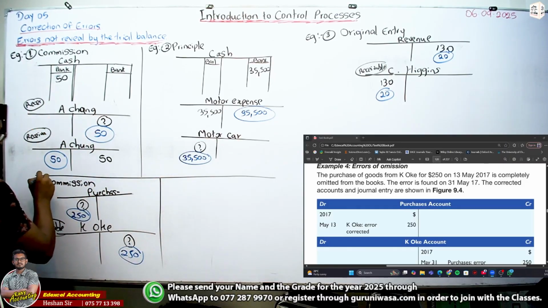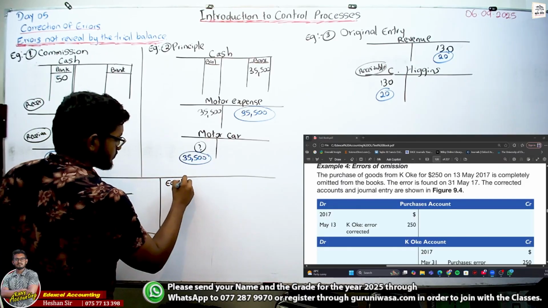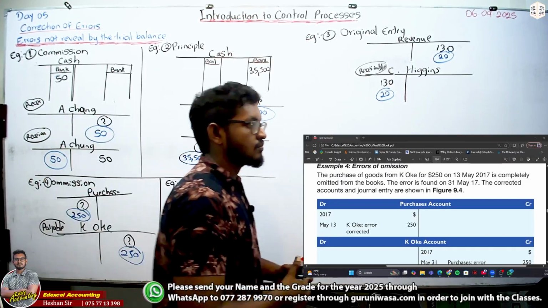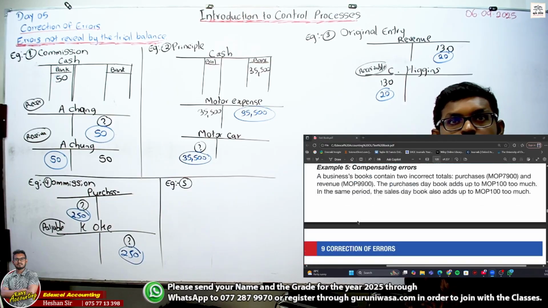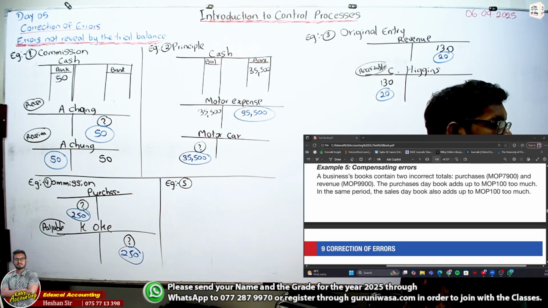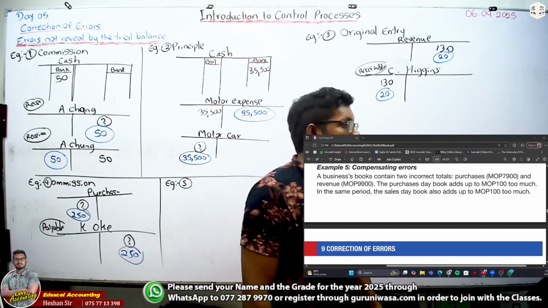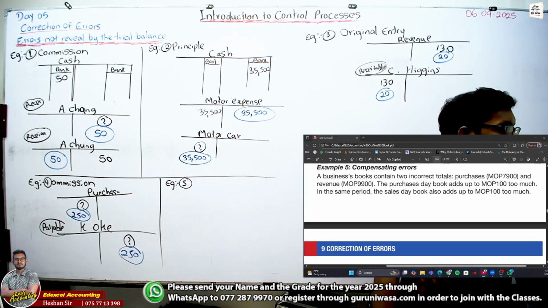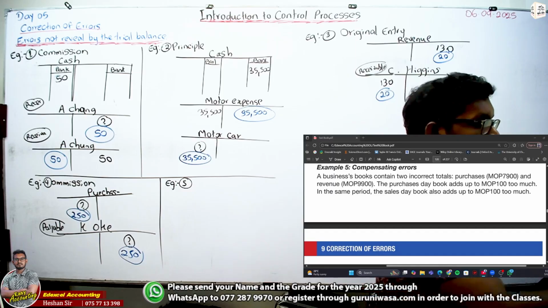Sample number 4, sample number 5. Compensating error. What is the term called compensating? Hope you can remember: two or more errors are cancelled or set off by two entries, right? Let's see.